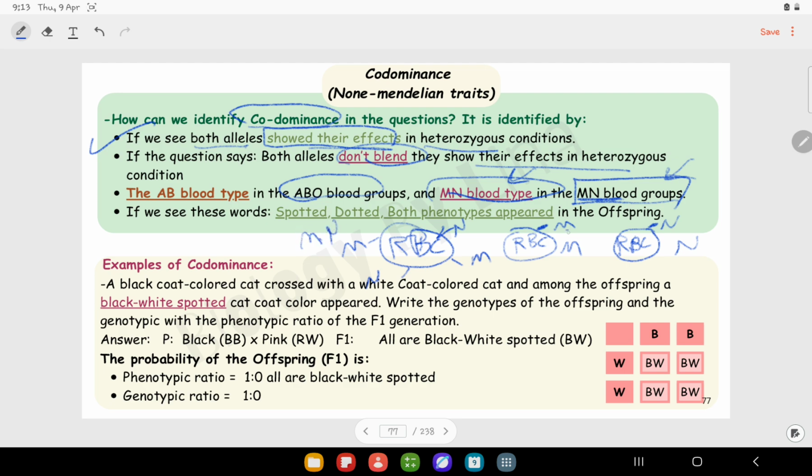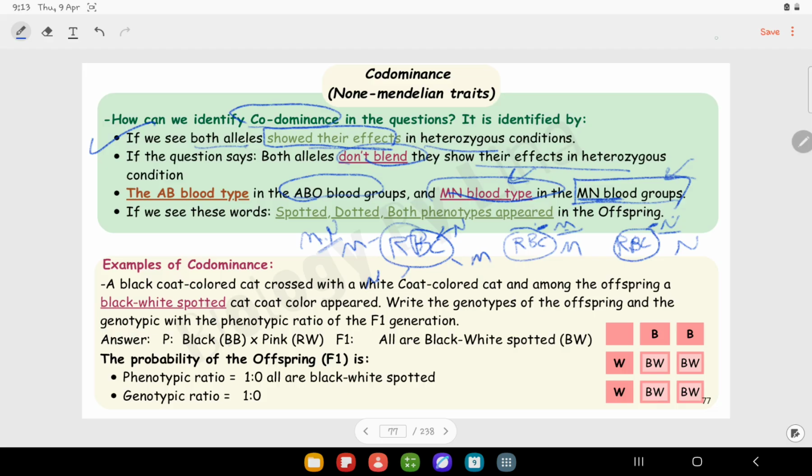So we have three different phenotypes: blood group N, blood group M, and blood group MN. We also have three different genotypes, but the alleles that determine it are only two.